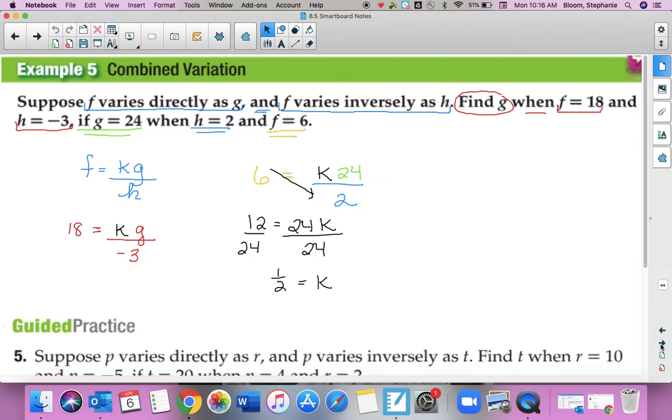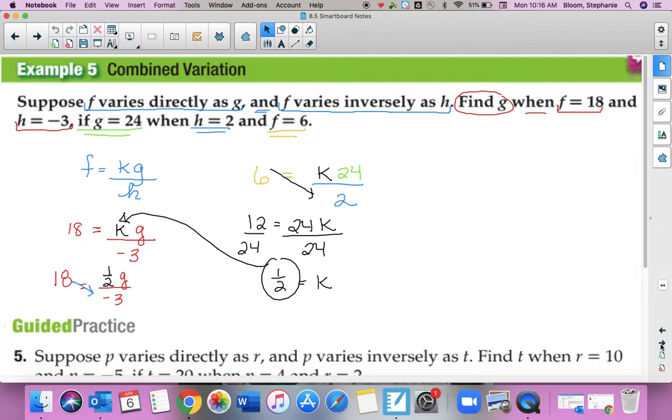Okay, and now I can take that half and I can plug it in right here. So I have 1/2 times g over -3 is equal to 18. And then we're going to cross multiply.